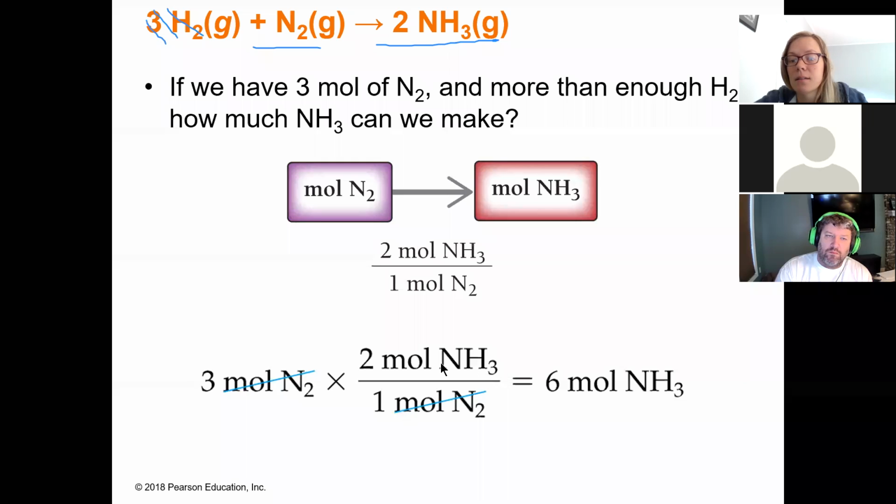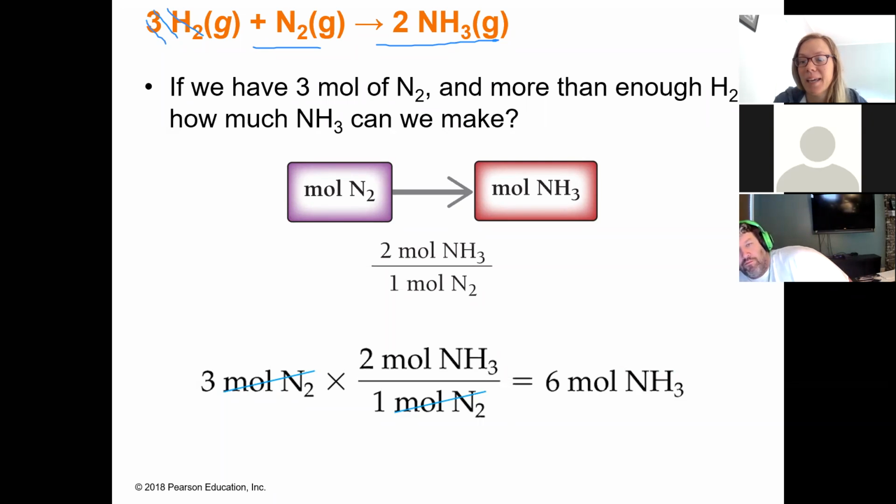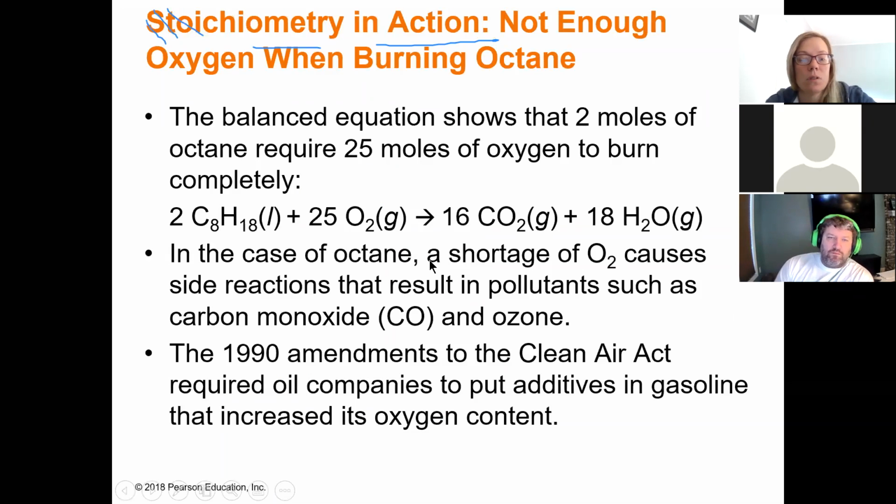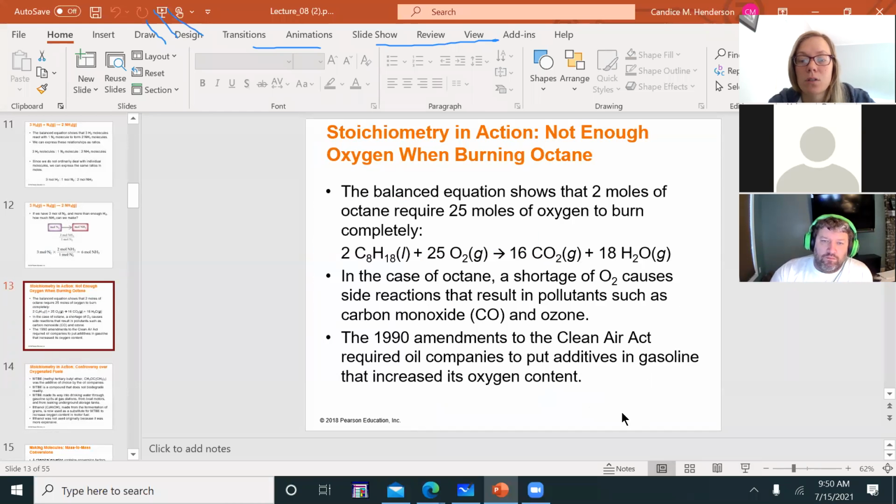And these cancel, and we're left with 6 moles of the product. Just like when we converted from eggs to pancakes. So let's have you guys do one of those.